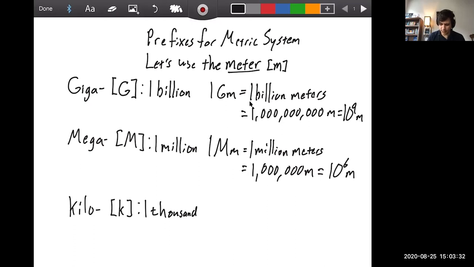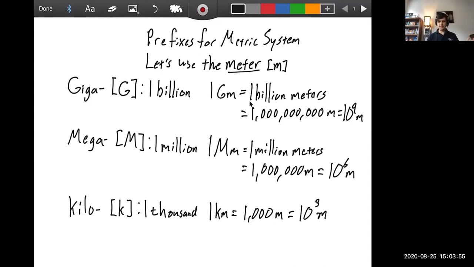So when we talk about the kilometer, a distance that you can walk or run easily, 1 kilometer equals 1,000 meters. Or in scientific notation, 10 to the 3rd meters.